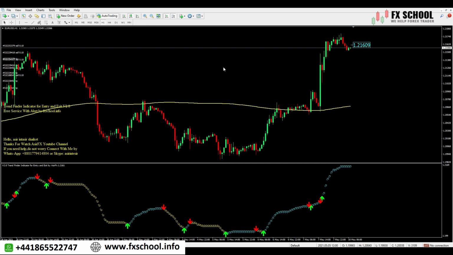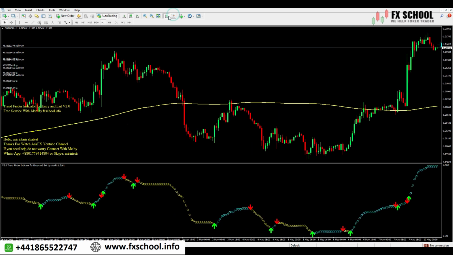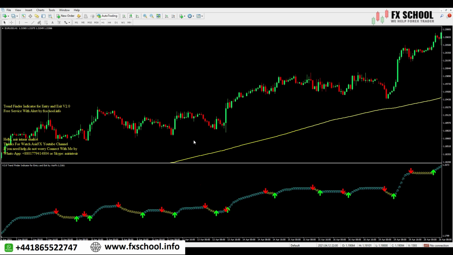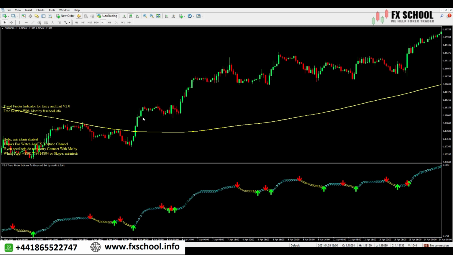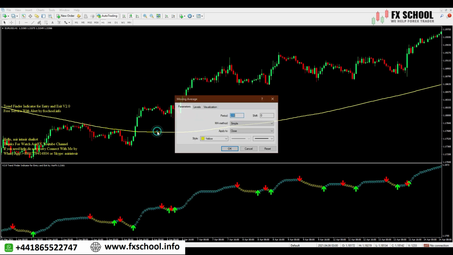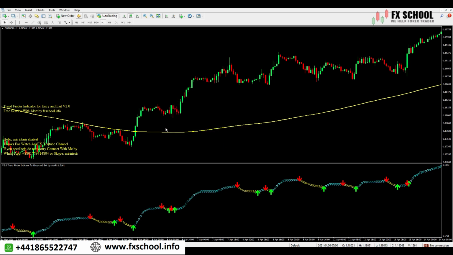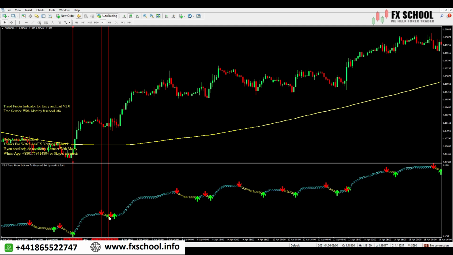The strategy is very simple. In this trend finder indicator, you can see sometimes a red arrow and sometimes a green arrow comes. If the moving average 200 simple line is below the candle, and you receive a green arrow, it means the trend finder indicator is giving you a buy signal.